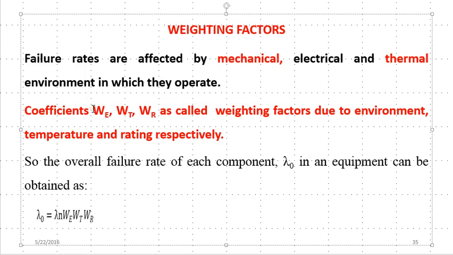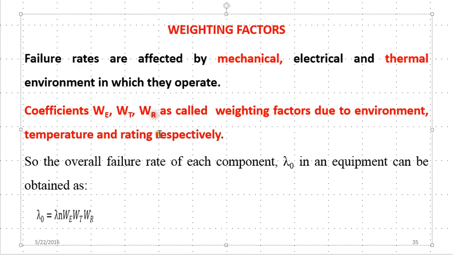We have three of them: the weighting factor for the environment, WE, for the temperature, WT, and for the rating, WR. For the environment here, we mean all other factors in the environment like humidity, salinity, pressure, all of them. And temperature is also one of the environmental factors, but it is treated separately because of its importance.